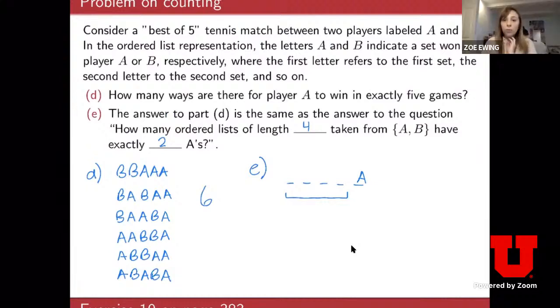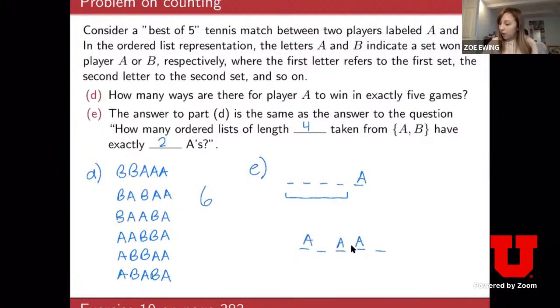Yeah, because once A hits 3 wins, the game is over. So if we just took length 5 and said, let's find 3 A's, then the 3 A's could be right there. But that would mean that A actually wins after 4 games instead of 5.